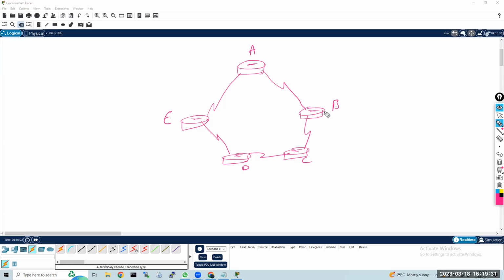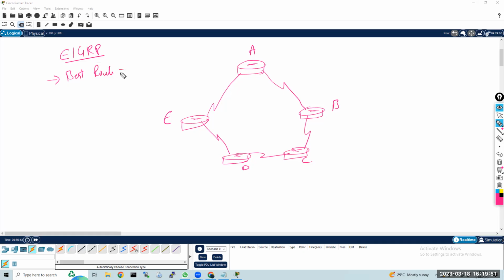Now I'm talking about how EIGRP will select the best path. The first thing is the best path, the best route.